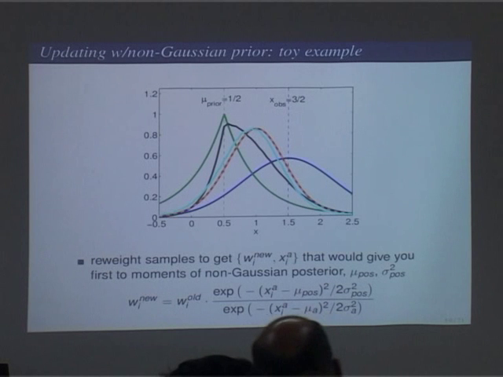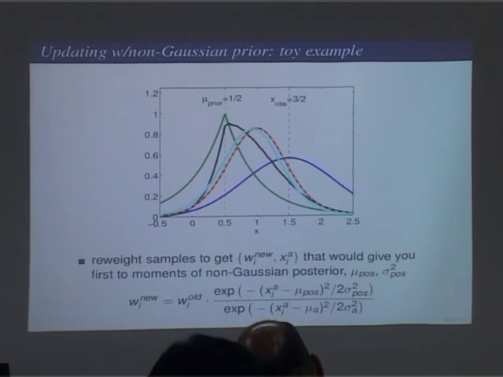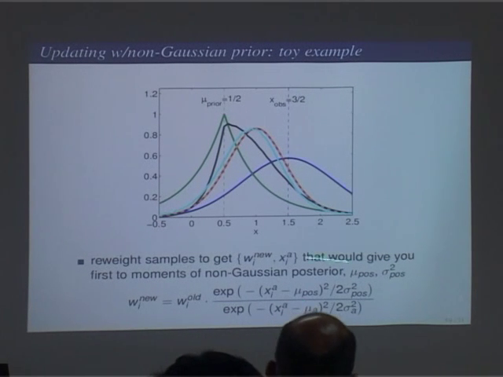One way we were thinking of is to change the weights and sample from the posterior. I'm thinking of what mean and variance I would get if I did the particle filter on the next step. So this is my target distribution.